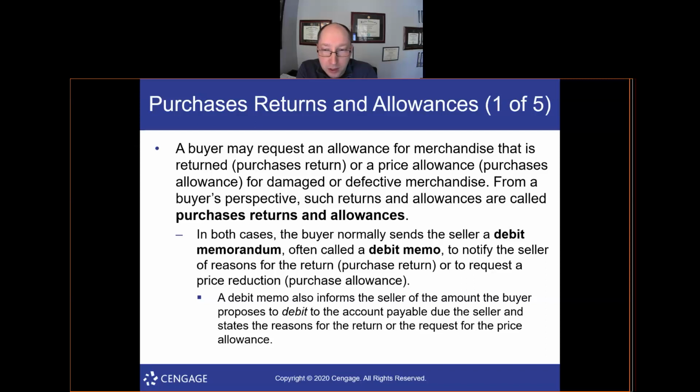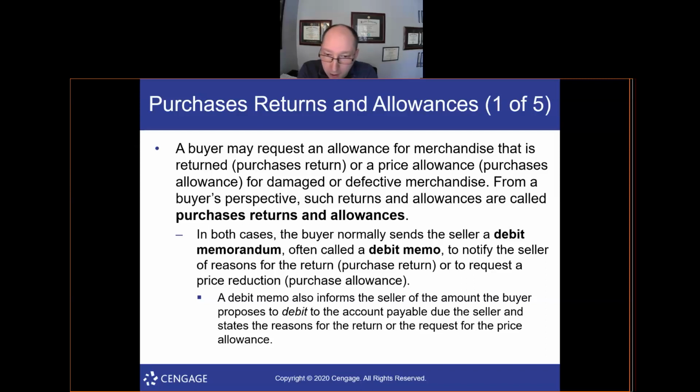The buyer normally sends the seller a debit memorandum. We call this a debit memo to notify the reasons of the return. So think of it this way. Let's say you bought a pair of jeans, you brought it home, doesn't fit. You bring the pair of jeans back to the store. The store asks you, why are you returning this?